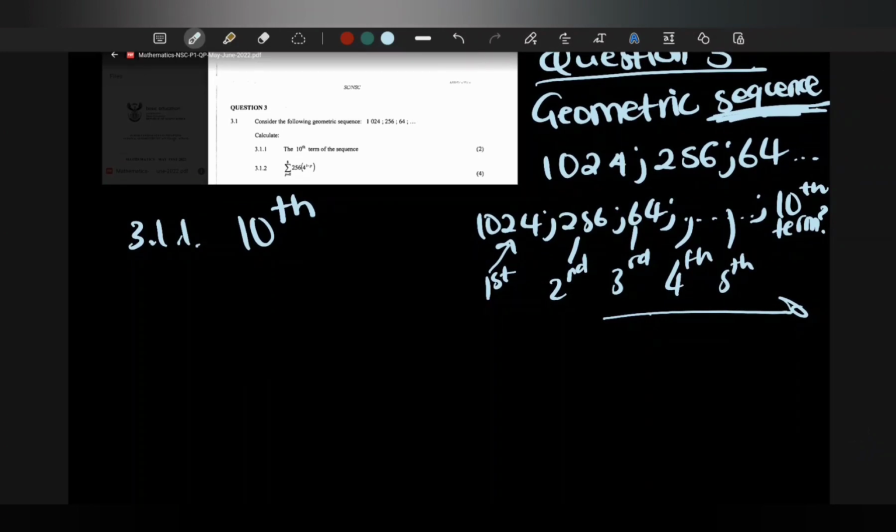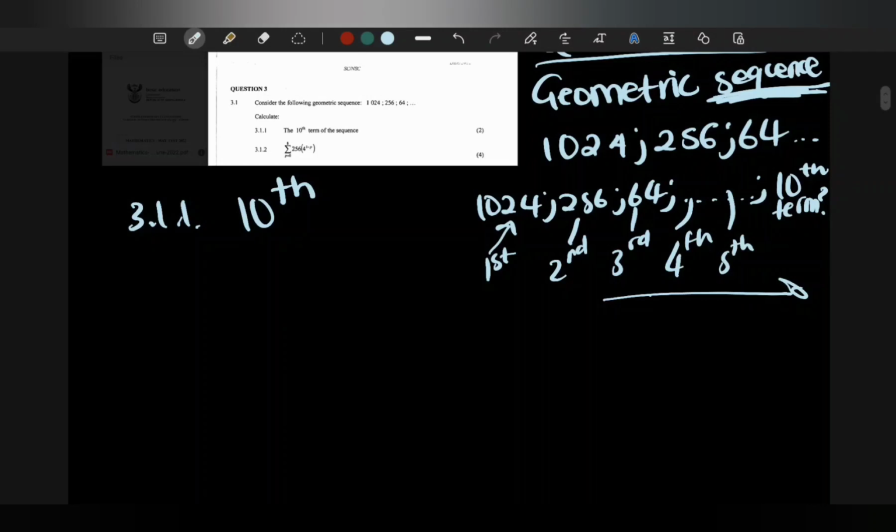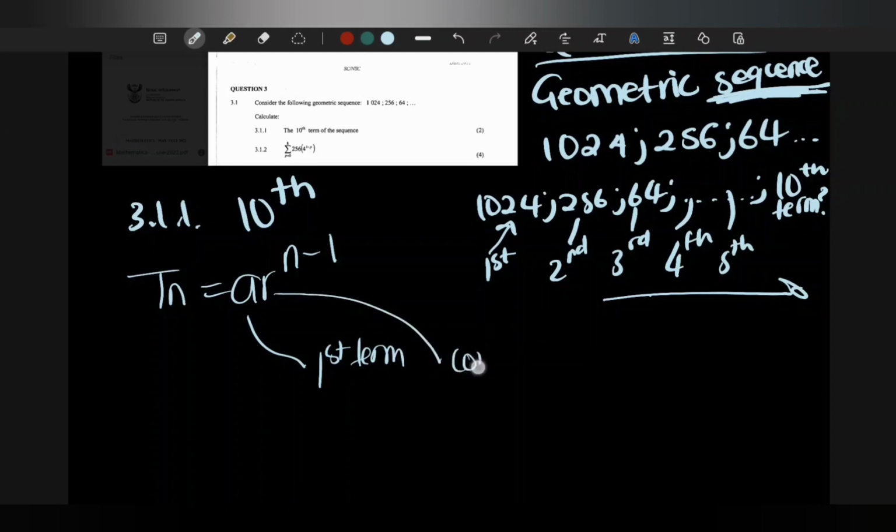For the 10th term of the sequence, the best thing you can do is remember the formula for a geometric sequence. Tn equals A times R to the power n minus 1, where, as I mentioned previously, A is the first term, R is the common ratio, n is the position, and Tn is the nth term.